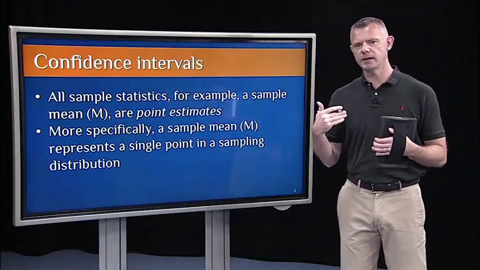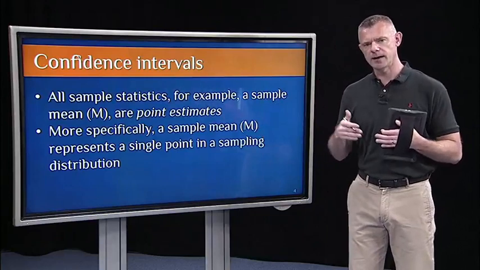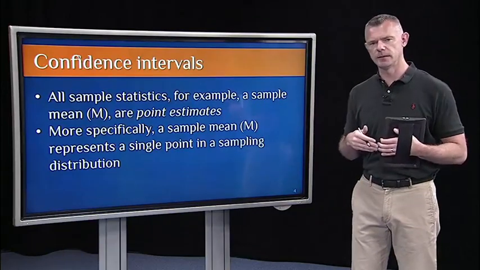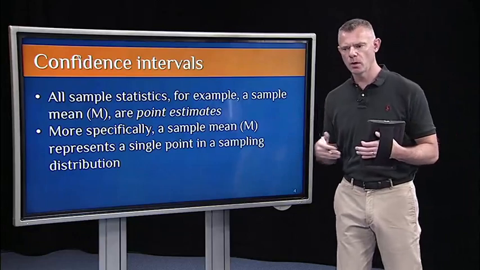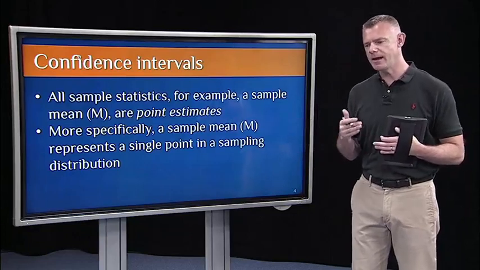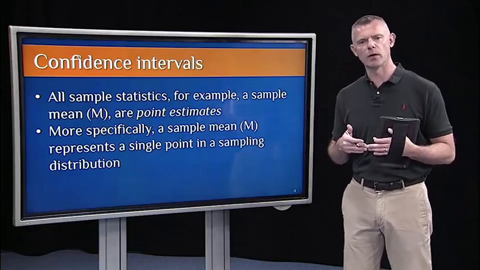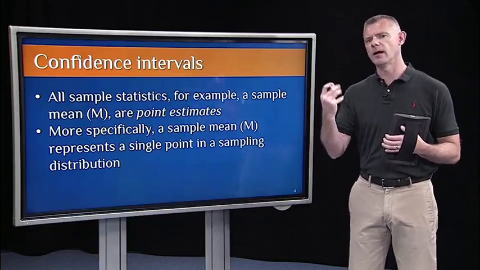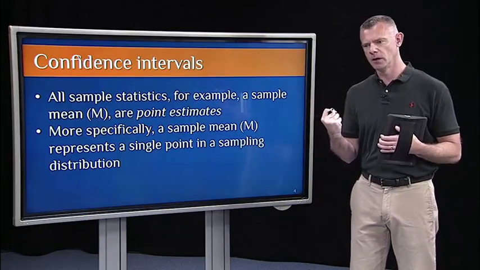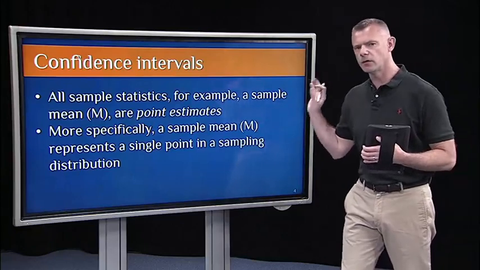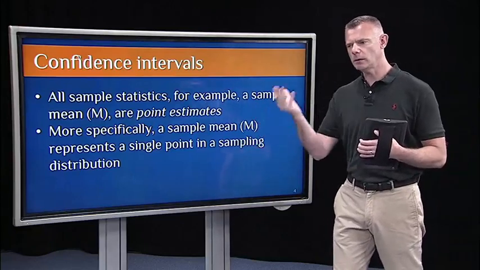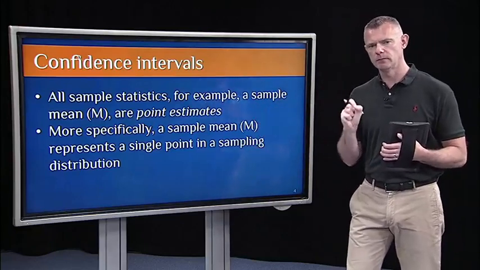Remember the whole idea of sampling error and sampling distributions and the concept of the central limit theorem. What that implies is any one sample will never be perfect if we're only getting a random sample from a population. So the statistical phrase for that is we can only get a point estimate from a sample.